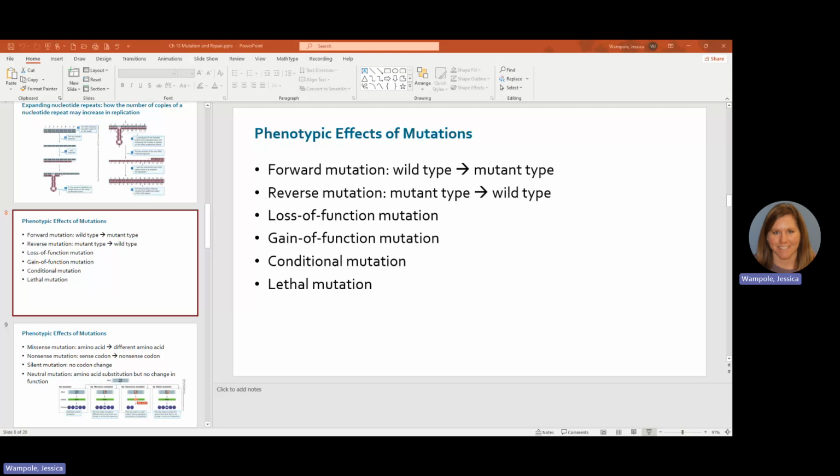But xeroderma pigmentosa is essentially regions of the skin where there's a faulty repair mechanism. So the cause of cancer is not necessarily the mutation itself, but the inability to repair the mutation.